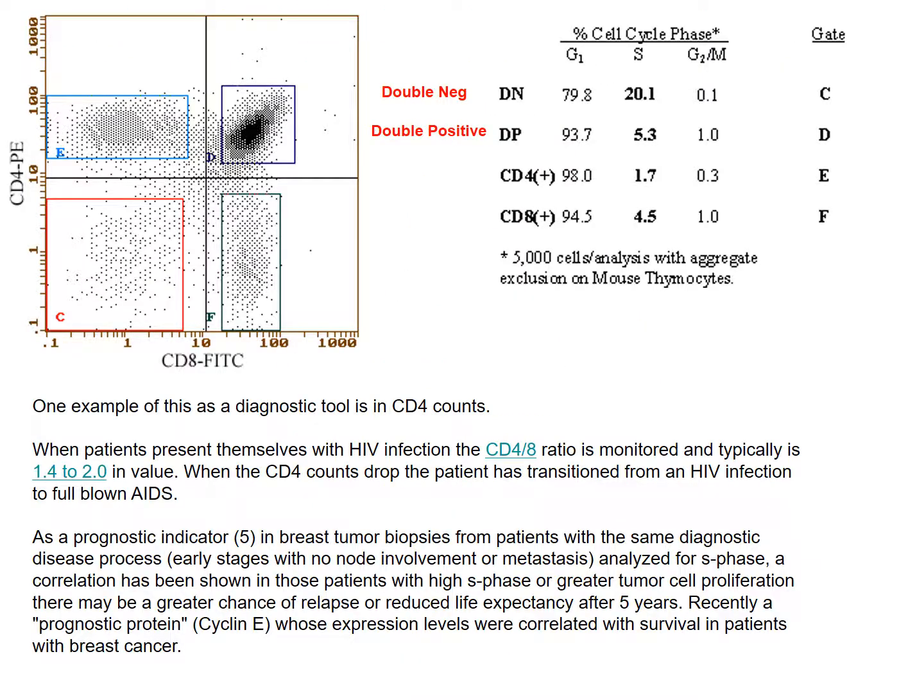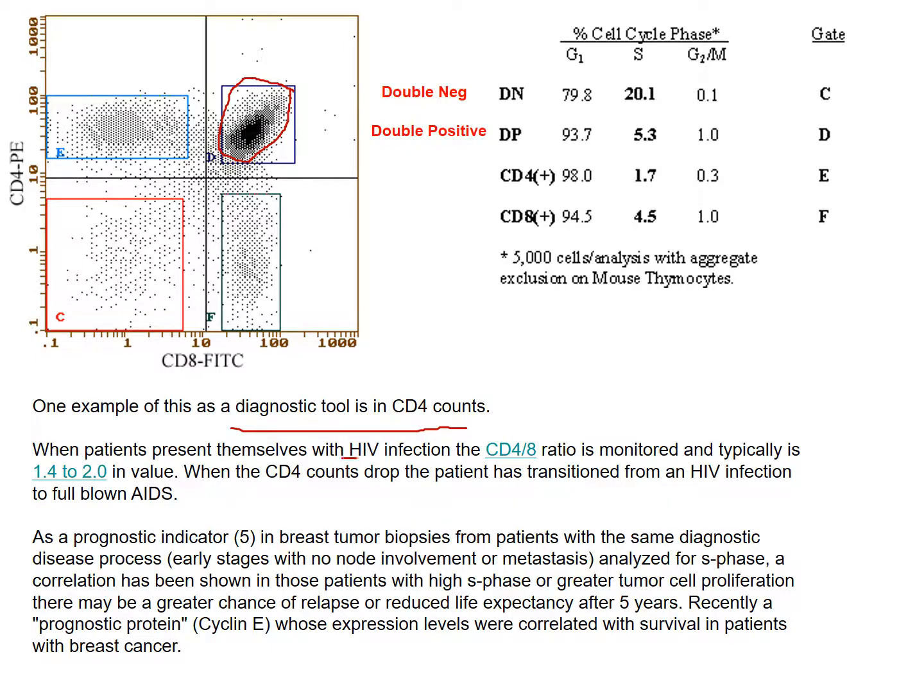This is a diagnostic tool, and this is CD4 cells, which are red, CD8 cells, which are green, and here are double positives, cells that have both CD8 and CD4.